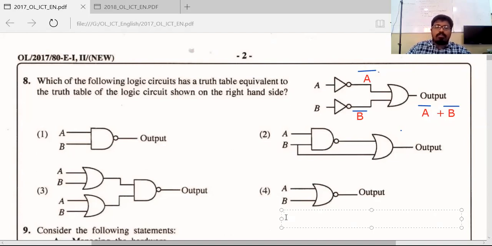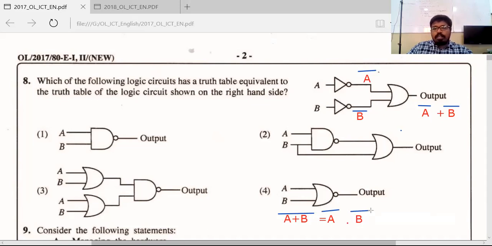De Morgan theorem 1 says A plus B holding bar will be equal to A bar dot B bar.